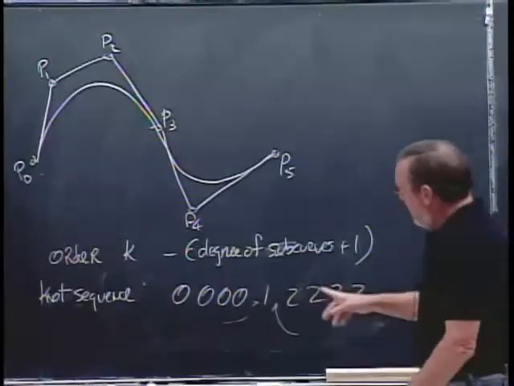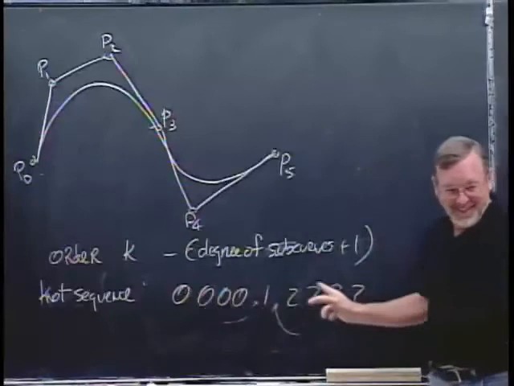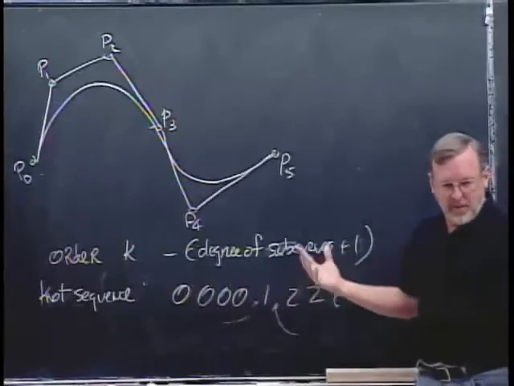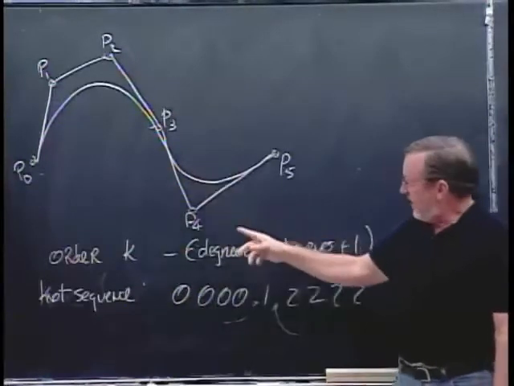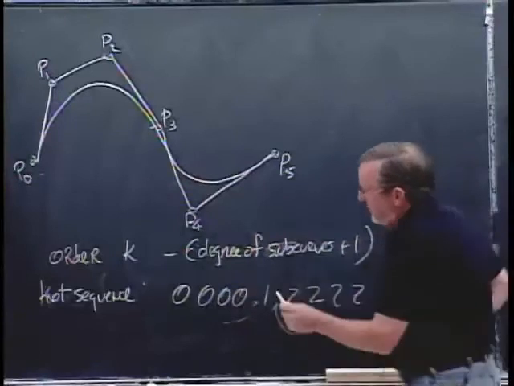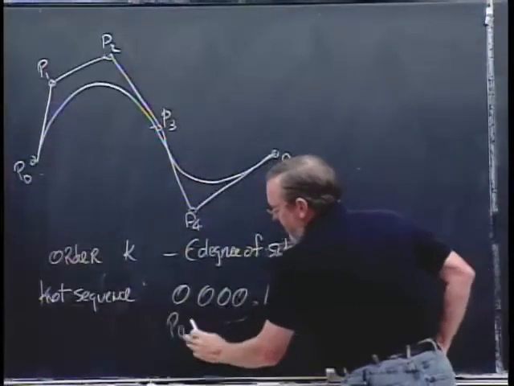So most of us build a knot sequence that just looks like this. If we want 6 or 7, it depends. You can number them similarly here.